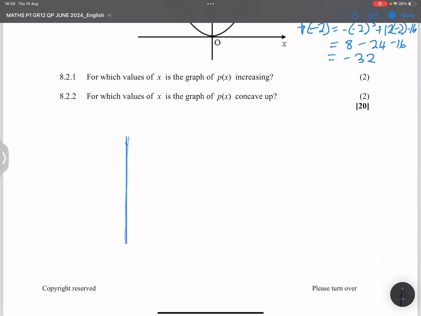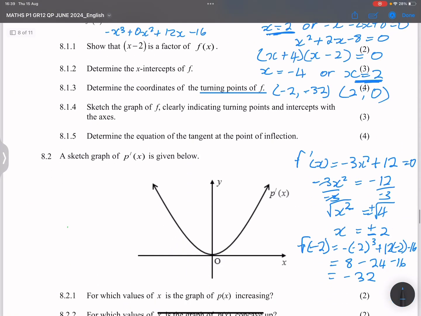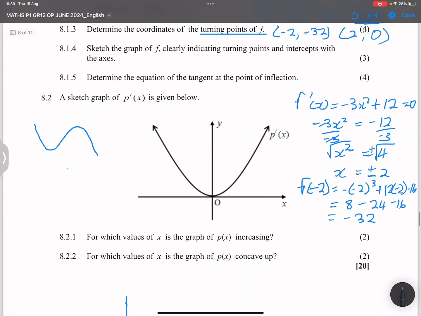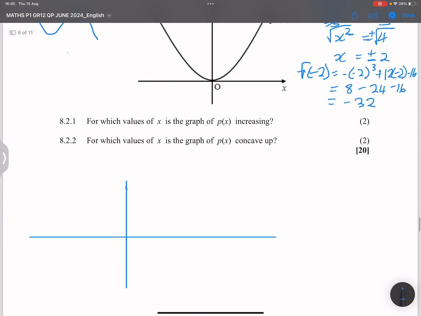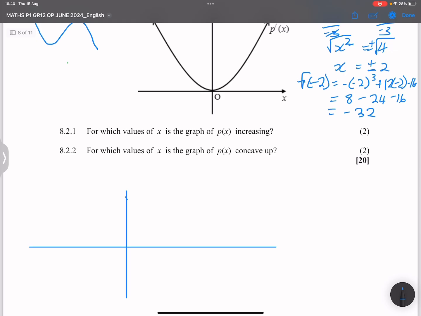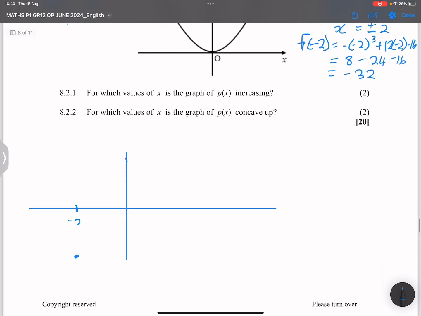Now notice, ladies and gents, that the a value is negative. So remember that when the a value is negative, it will start as a decreasing function and then becomes an increasing function. But in this case, I know I've got two turning points. I always start there. My first turning point is -2 and -32, right? But if my graph starts as a decreasing function, this means that this will be concave up.